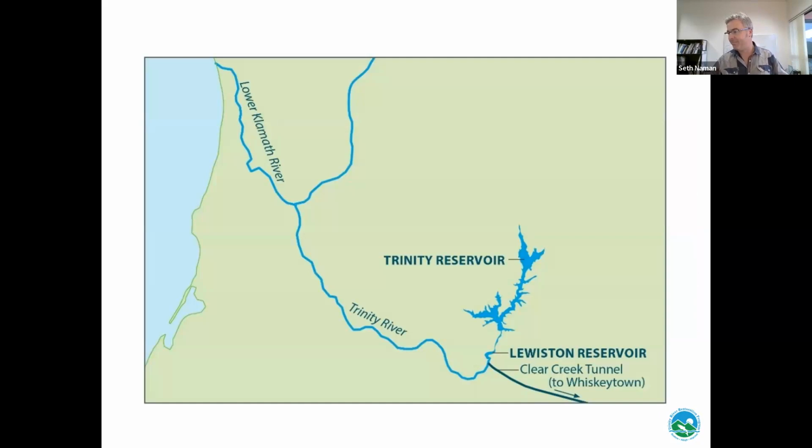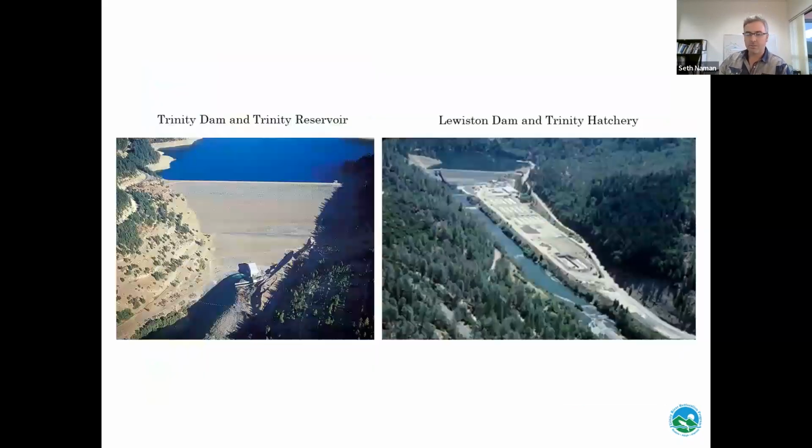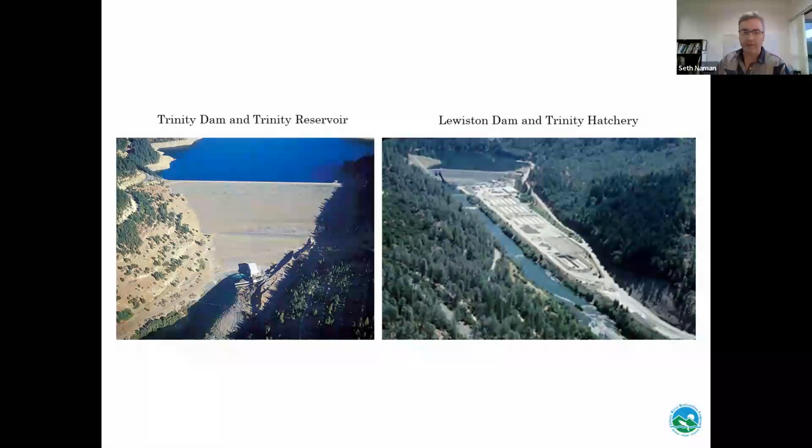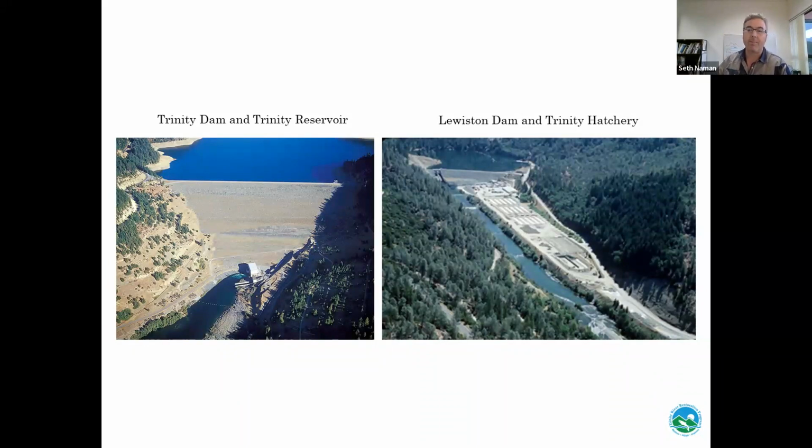Trinity Reservoir is about 24 miles long, I think, with 2.4 million acre feet of storage, to give you an idea of its size. These are photos of Trinity Dam and Trinity Reservoir, and Trinity Hatchery, which is at the base of Lewiston Dam, the terminus of anadromous fish migration.